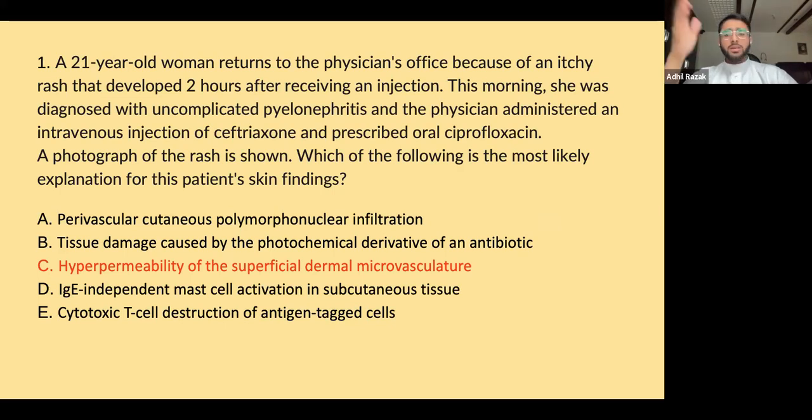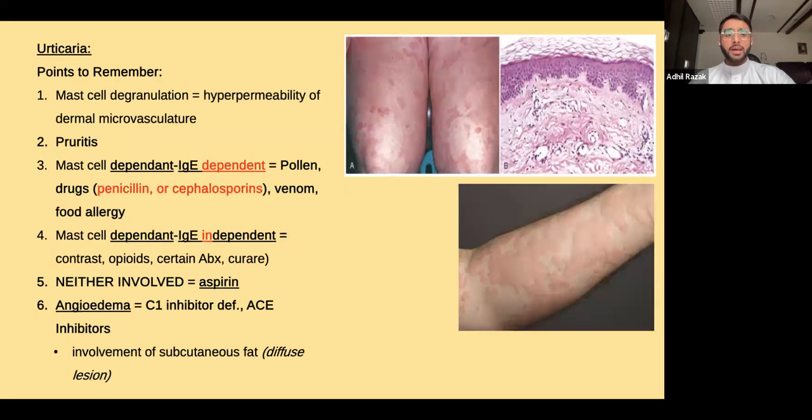What this comprises is a release of histamine, vasodilation and hyperpermeability of the superficial dermal vasculature, which results in the tiny vessels becoming more permeable as well, releasing more inflammatory mediators such as histamine, resulting in more itching. So to quickly go over it again, the most important things you need to know about urticaria, these are the pictures.